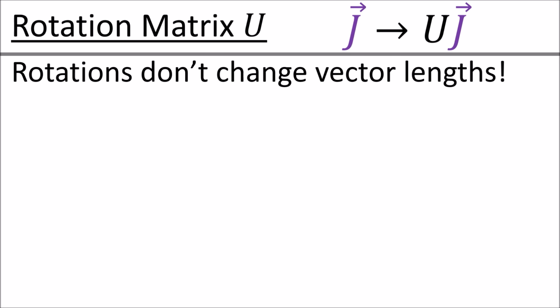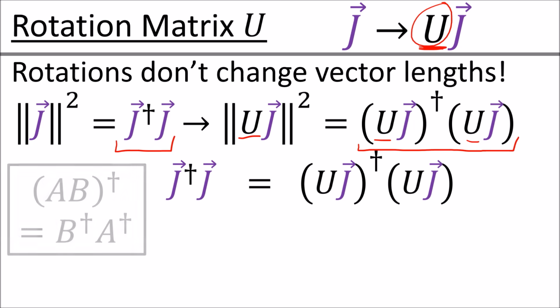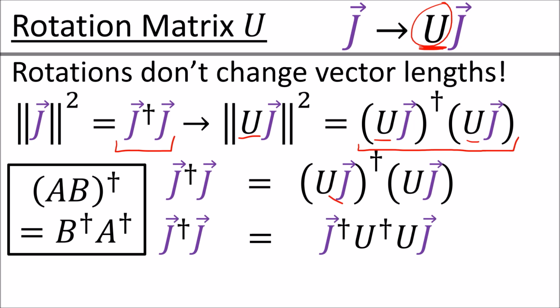So if we rotate a Jones vector j around with a matrix U, the result of the magnitude formula should stay the same, so these two formulas are equal. Rewriting (Uj) all daggered as j dagger U dagger, we see that our rotation matrix U must obey U dagger U equals the identity.